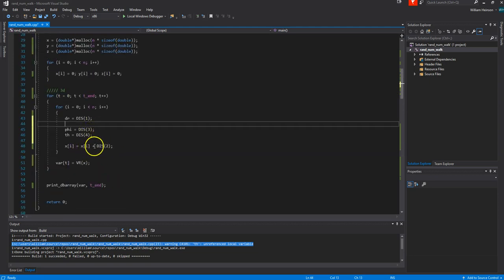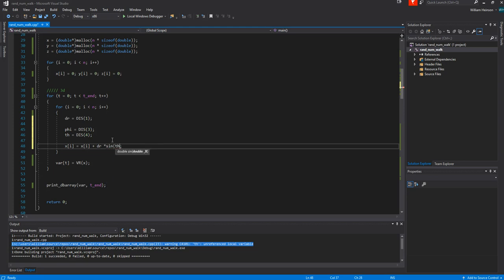Okay. X equals X plus dr times sine theta times cosine phi.